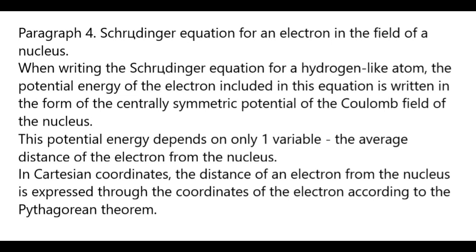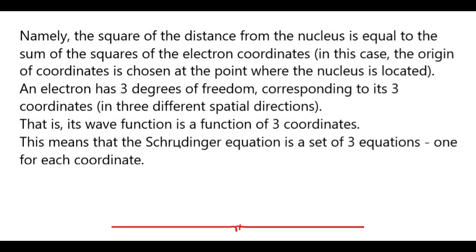In Cartesian coordinates, the distance of an electron from the nucleus is expressed through the coordinates of the electron according to the Pythagorean theorem. Namely, the square of the distance from the nucleus is equal to the sum of the squares of the electron's coordinates. In this case, the origin of coordinates is chosen at the point where the nucleus is located.